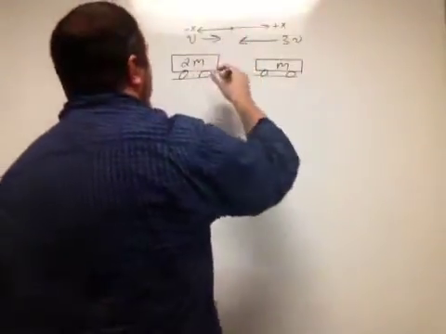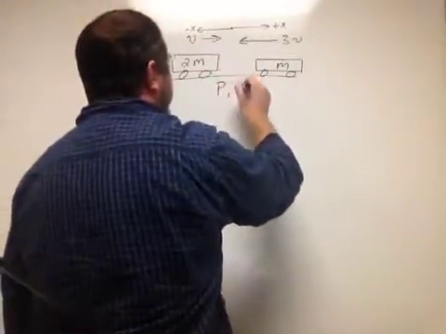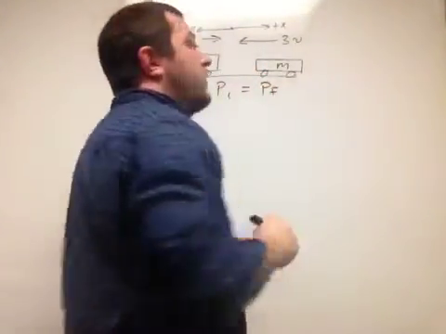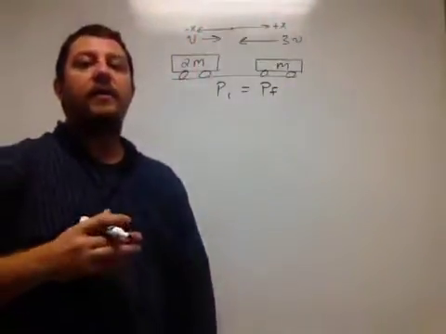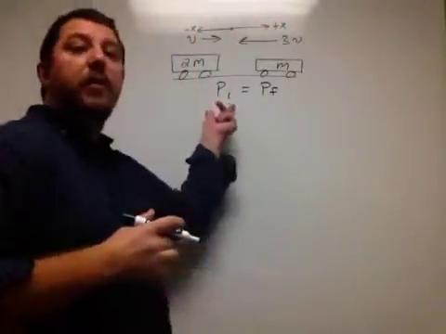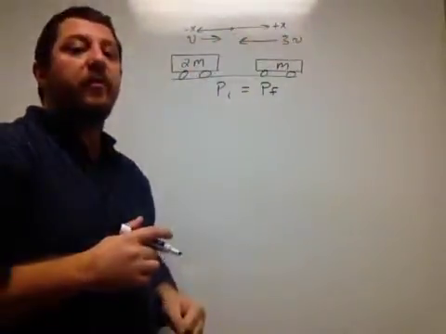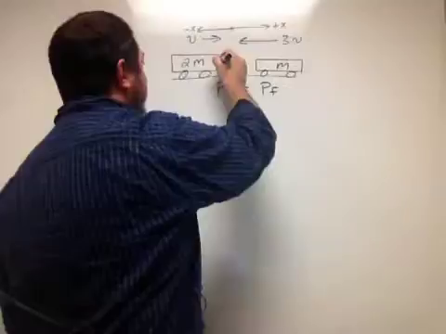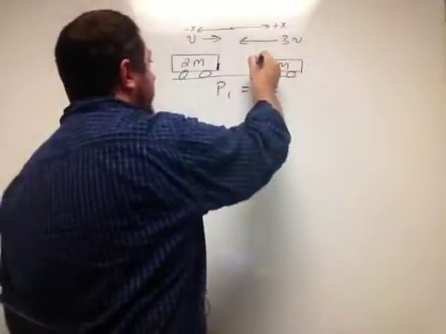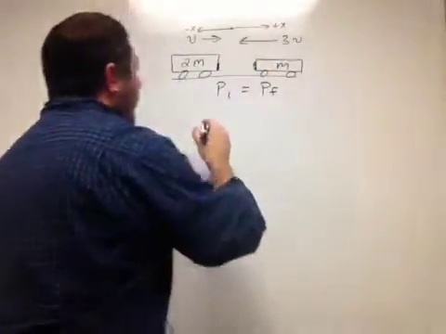Again, I'll start with the condition of conservation of momentum. The initial momentum here is the sum of the individual momenta before the collision. And let's not forget that these have some Velcro on them, so they'll stick together after the collision.